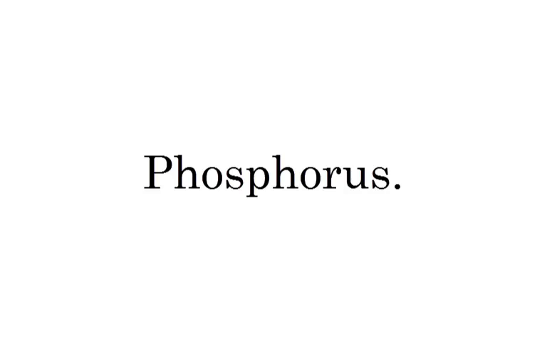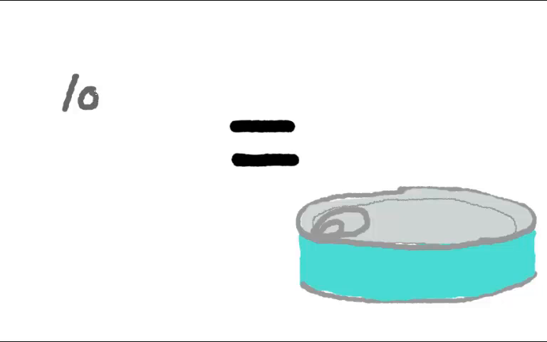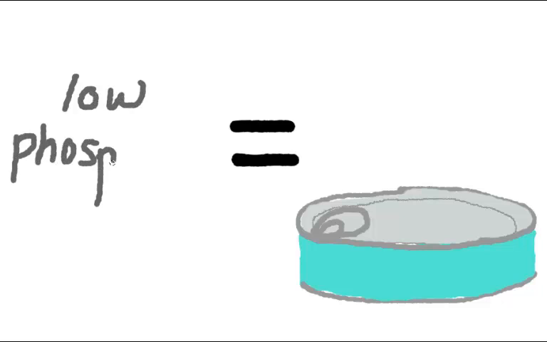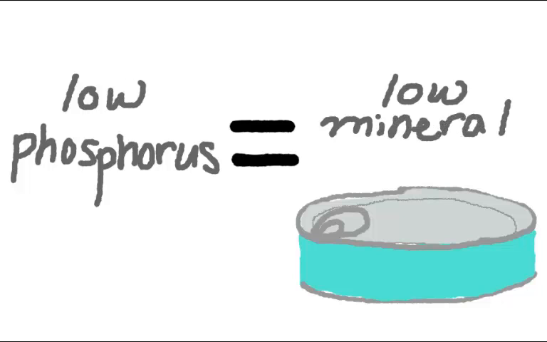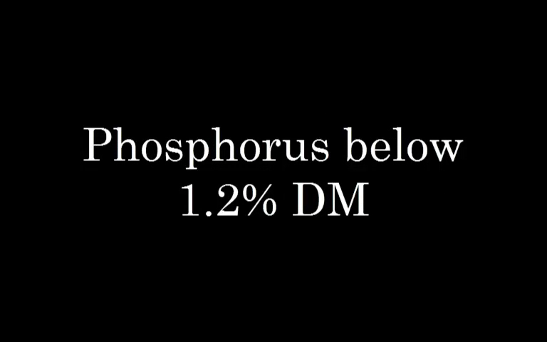Now, as a general rule, the lower the phosphorus, the lower the mineral content is in the overall diet. Now, this usually happens because phosphorus comes from bone. Bone is high mineral density. So if you have less bone, less phosphorus, less mineral density. Okay, so we're going to limit the cats to a diet that has a phosphorus below 1.2% dry matter.